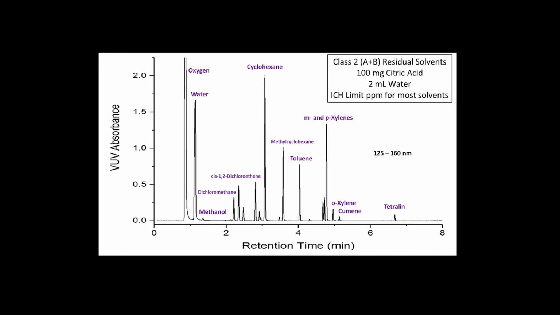You can also see close to the start of the chromatogram a very nice peak for water, which we typically don't see when we're using flame ionization detection for analysis of residual solvents. That opens the door potentially to water determination in some pharma products, the fact that we can chromatograph it very nicely and also detect it with VUV.